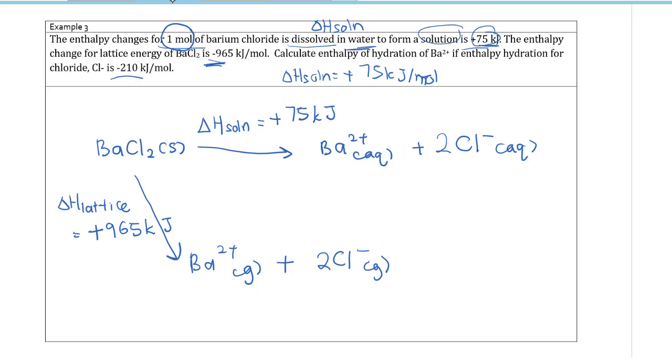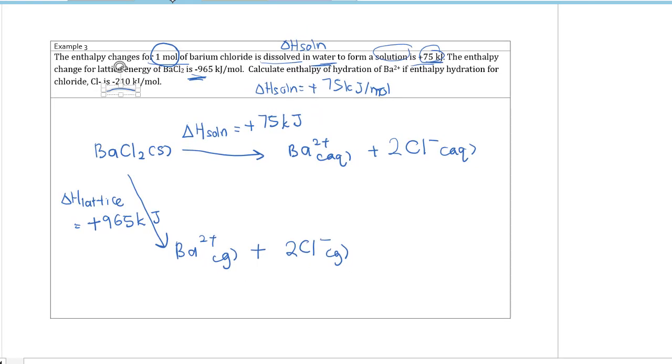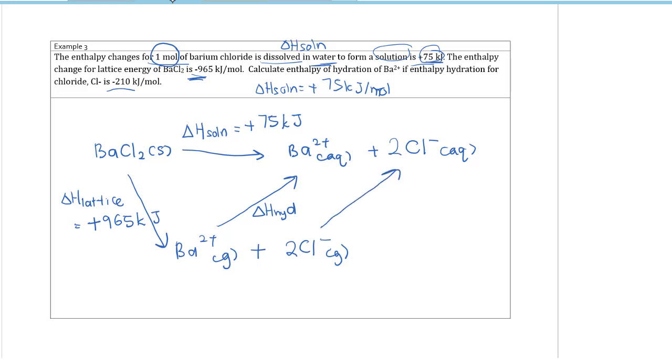Calculate the hydration of barium 2 plus ion if the enthalpy of hydration of chloride is negative 210 kilojoule. So we would like to calculate the hydration of barium, given the enthalpy of hydration of chloride. This should be 2 times, because 2 moles of chloride gas become 2 moles of chloride in aqueous phase.